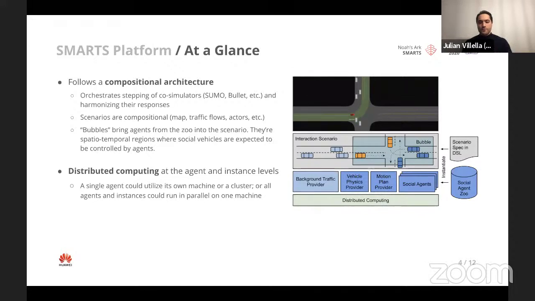Now, finally, distributed computing underpins everything we have here, both at the agent and instance level. Agents can operate on their own machine if they require more computation, or you can have multiple agents running together with multiple instances on one machine. It totally depends on the individual's needs for training and evaluation.